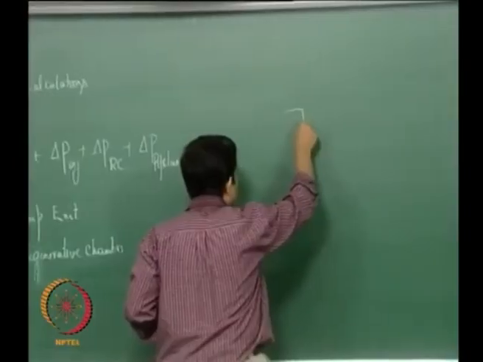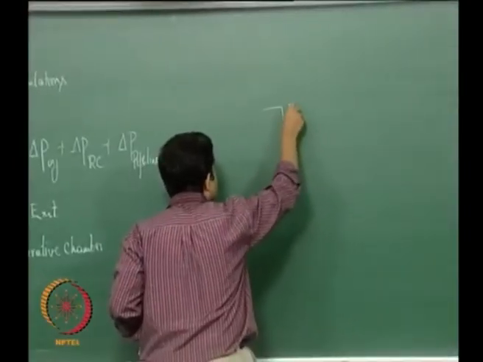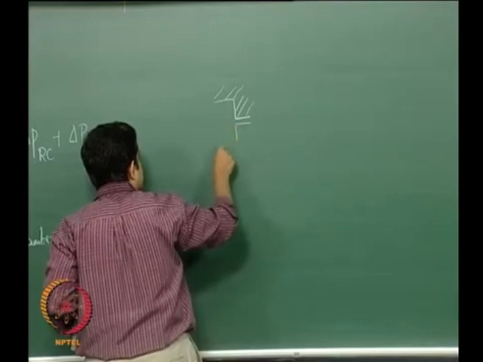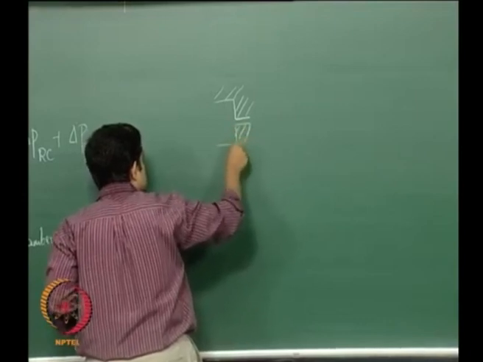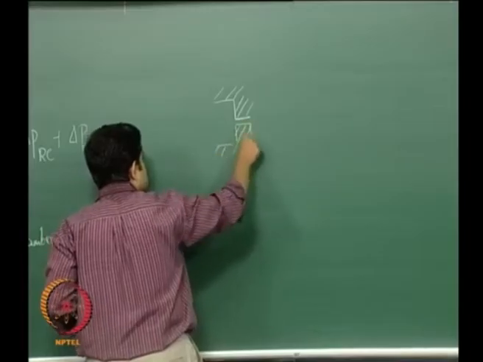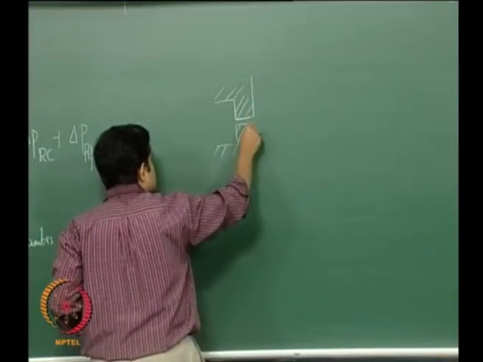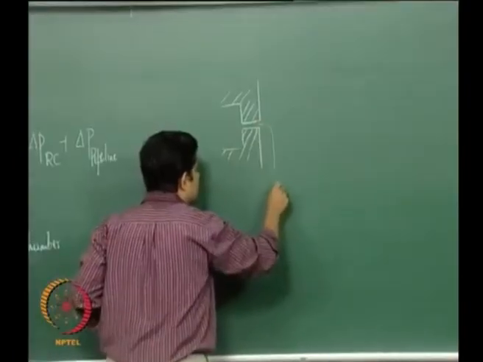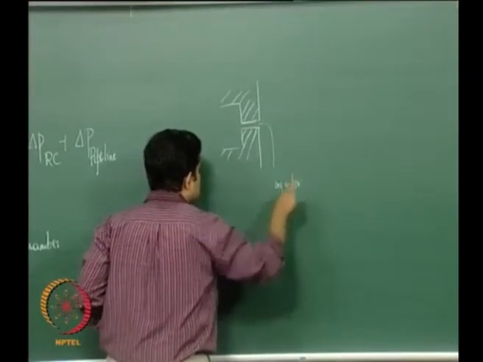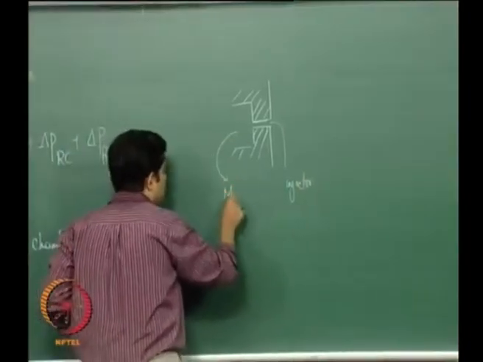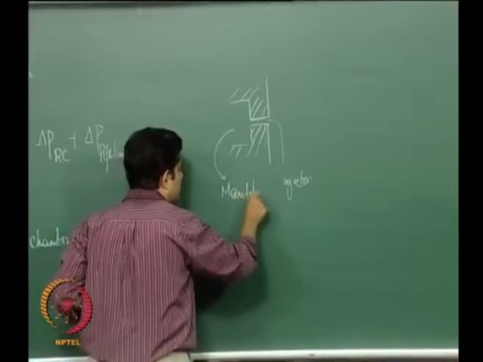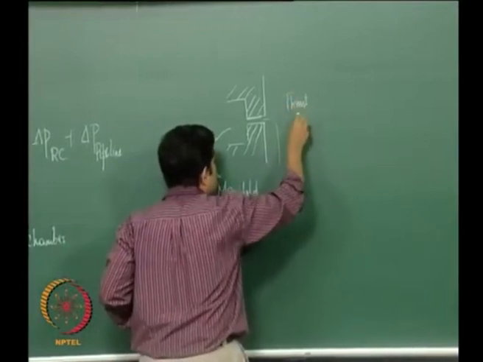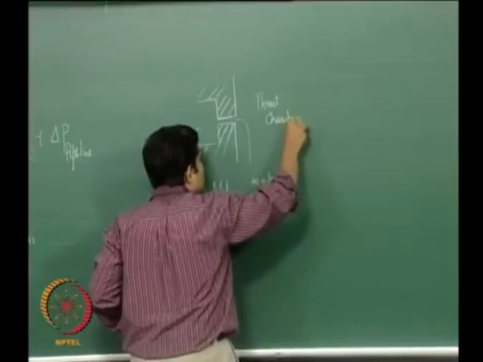So, if you look closely, the injector will be something like this. This is the injector and this is the manifold, and here is the thrust chamber or combustion chamber, right.